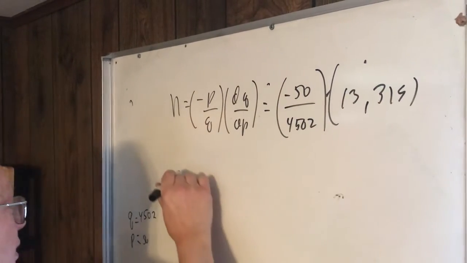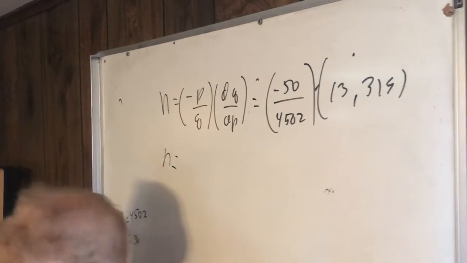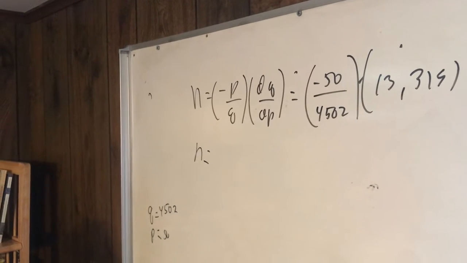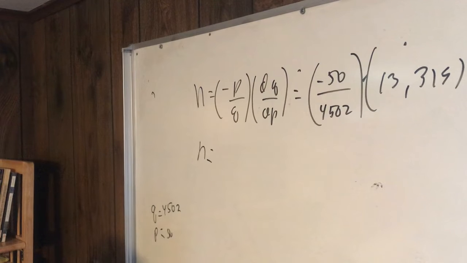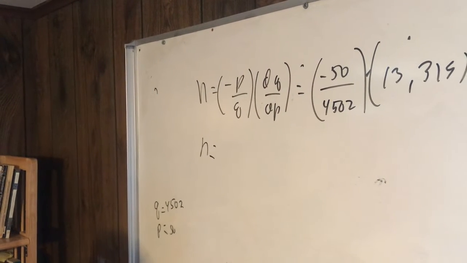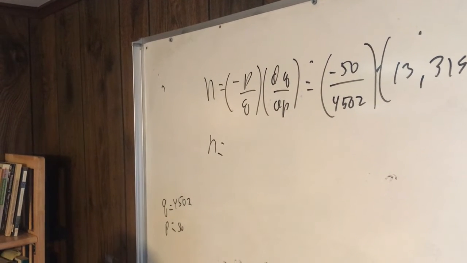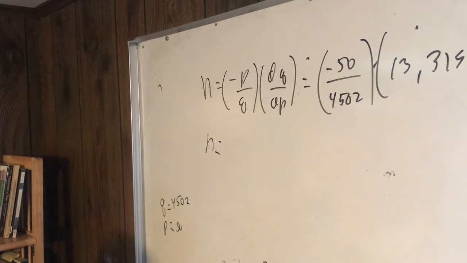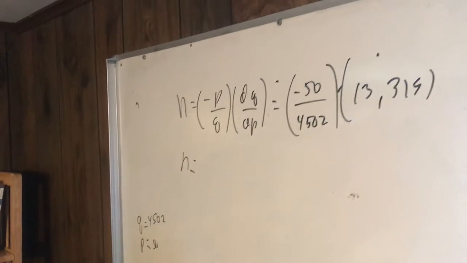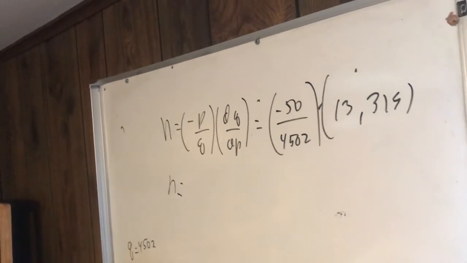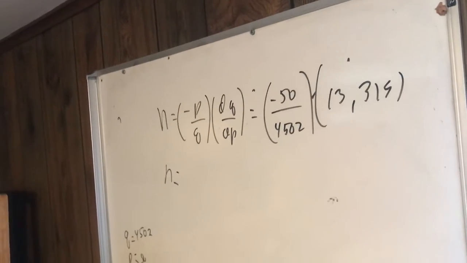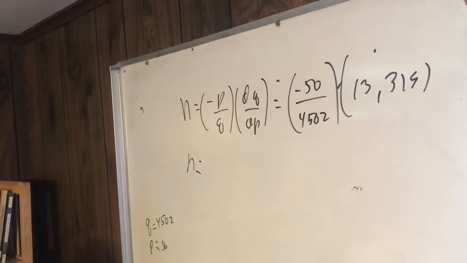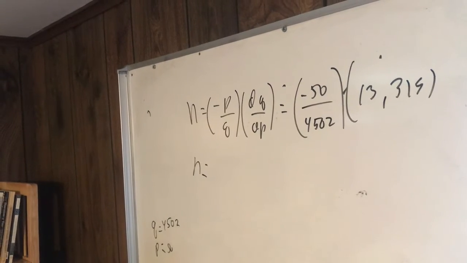And of course, without doing this, you pretty much know what you're going to get here, but okay, so times 13, divided by, you get something that doesn't make sense, so let me do this again.